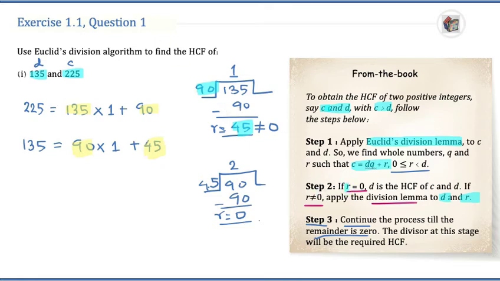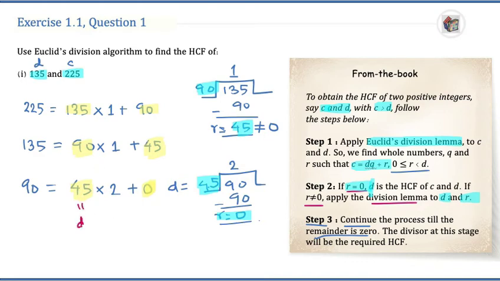At step 2, you see, if remainder is 0, then D, which is the divisor at that stage, which is 45 for us here, will be the HCF. So for my case, let me just first write it this way. 45 times 2 plus 0. So the stage where your remainder has become 0, at that stage your divisor is 45.